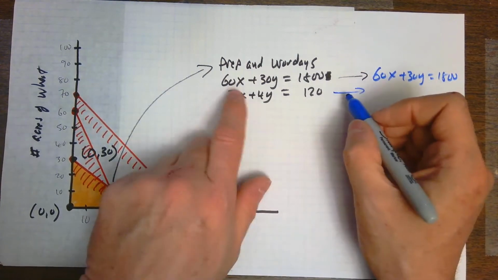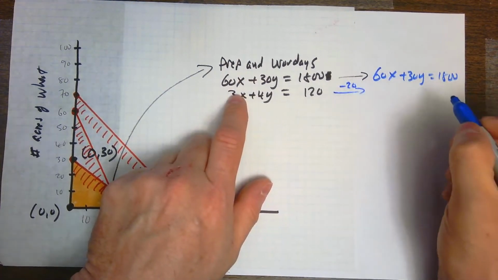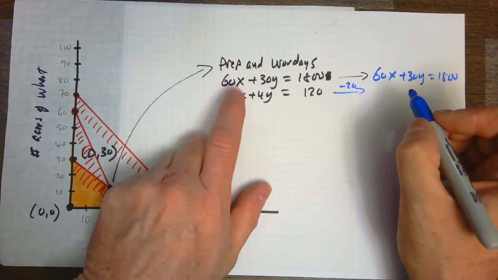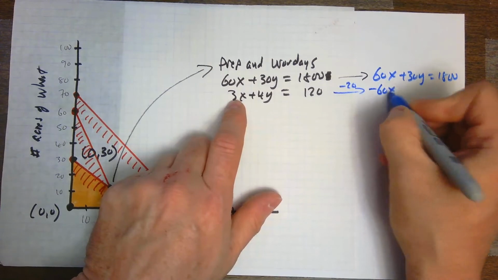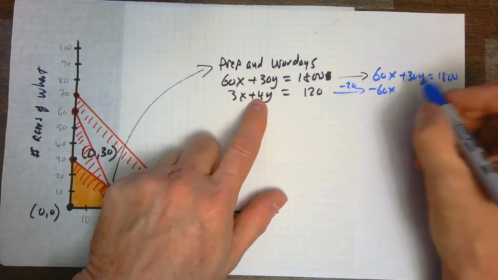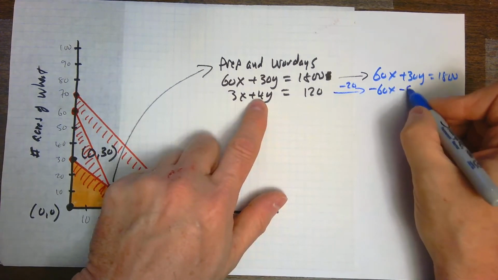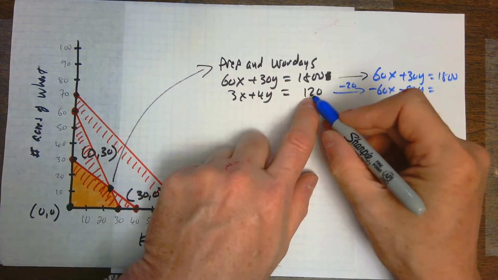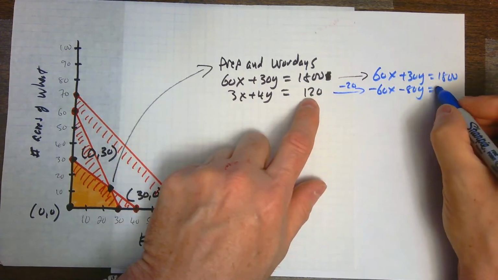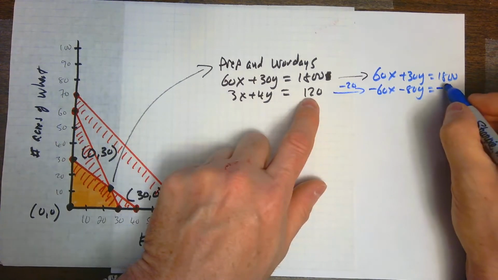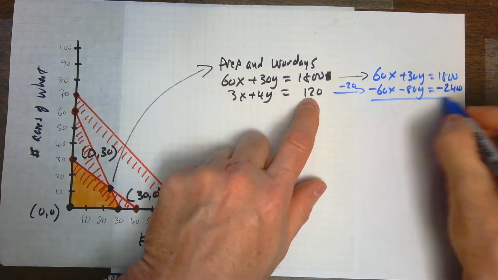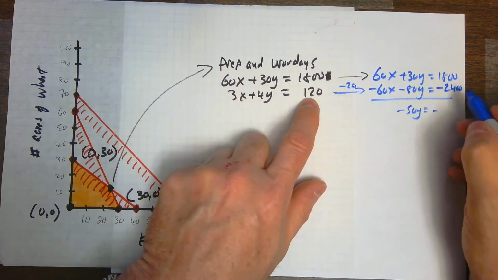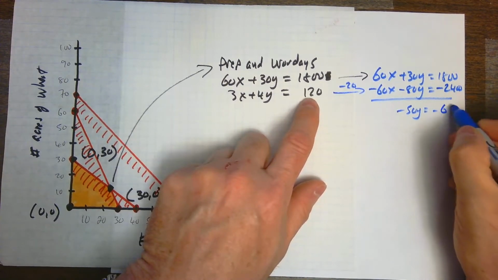But this equation I'm going to multiply by negative 20. Can you see why? Negative 20 times 3 gives me negative 60x. Negative 20 times 4 gives me negative 80y. Negative 20 times 120 gives me negative 2400. Add them together, and I get negative 50y equals negative 600.